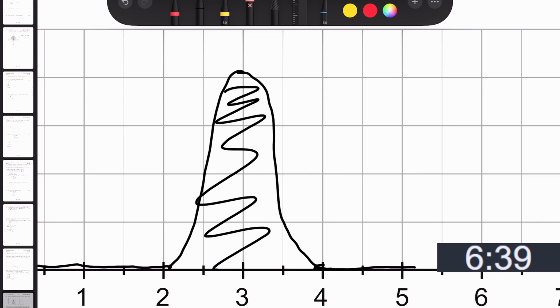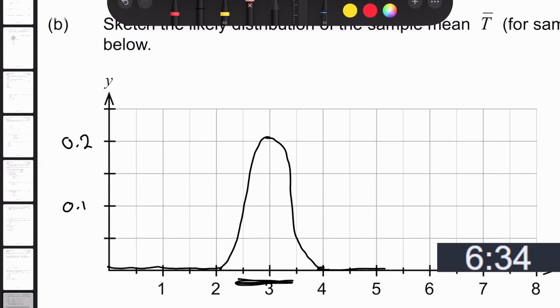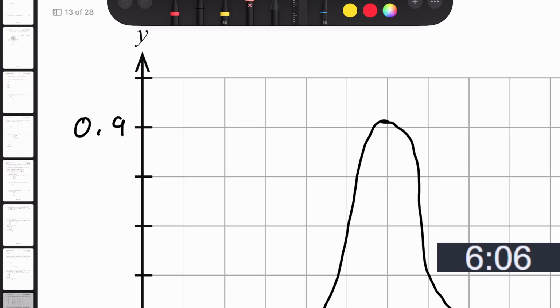Like that's roughly about 1 part. So if we count up the squares, I don't know, 0.9? So I do a normal CDF from 2.5 to 3.5, 90%. So maybe I do this as 0.9. I don't know.